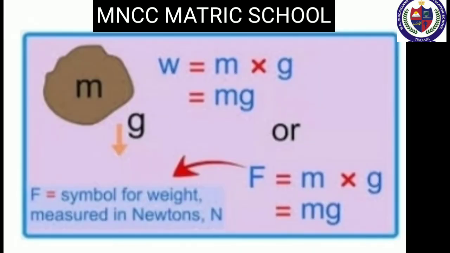The constant value of g is 9.8 meter per second square. Another definition of weight is the product of mass and acceleration due to gravity. So W = m × g.